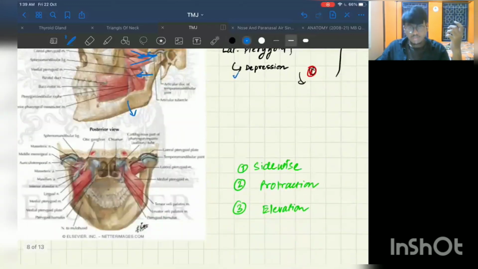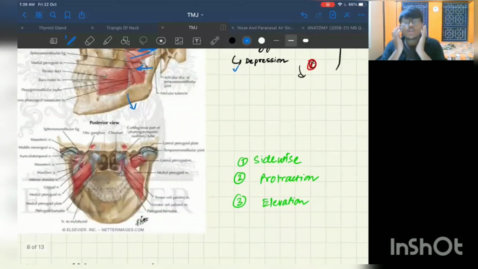And the side to side movement occurs around a vertical axis, right? That also involves both types of movement, that is rotation movement and sliding movement. One side rotates and the other side just glides over the mandibular fossa, right?